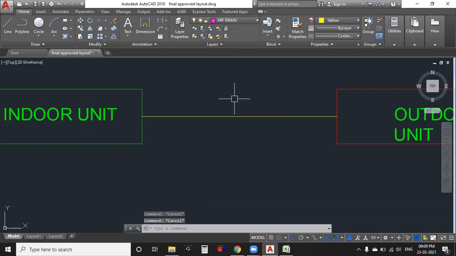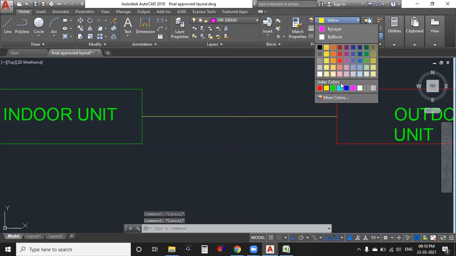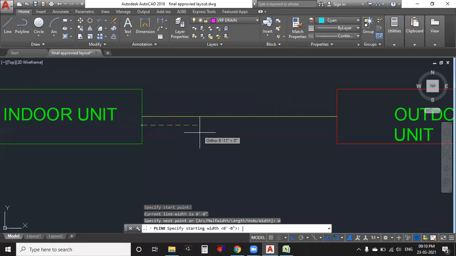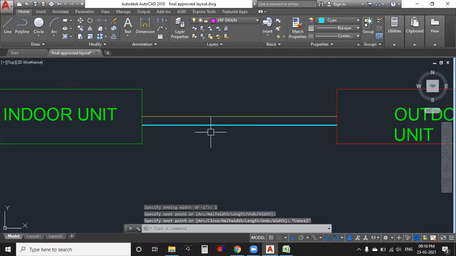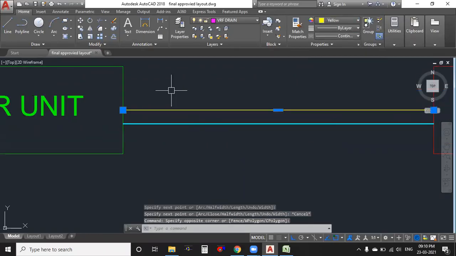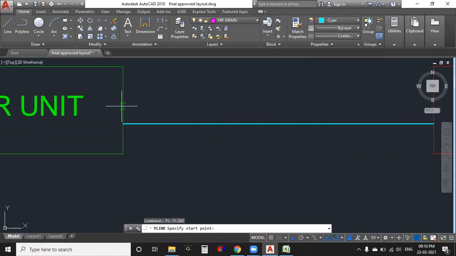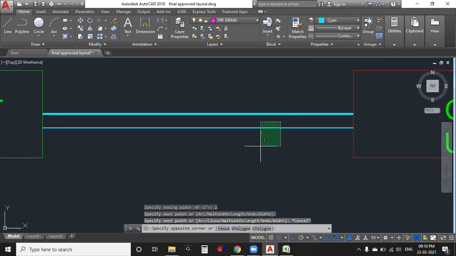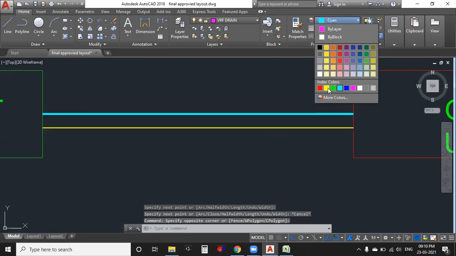So from the indoor to the outdoor unit, we connect with two copper pipes. If you see here, I have also drawn two copper pipes. One copper pipe has a big size, the other a small size, right?